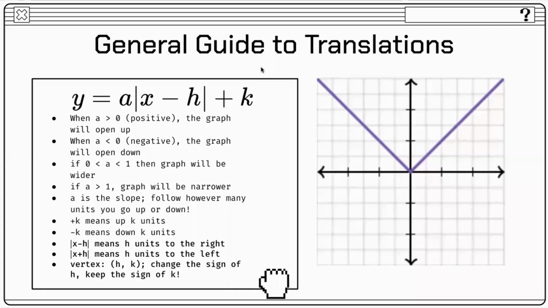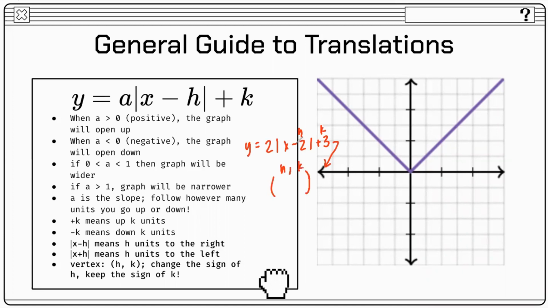Now let's say you have an equation like y equals 2 times the absolute value of x minus 2, plus 3. To find your vertex, remember you need your h and k values. So your vertex is going to be in the format (h, k).